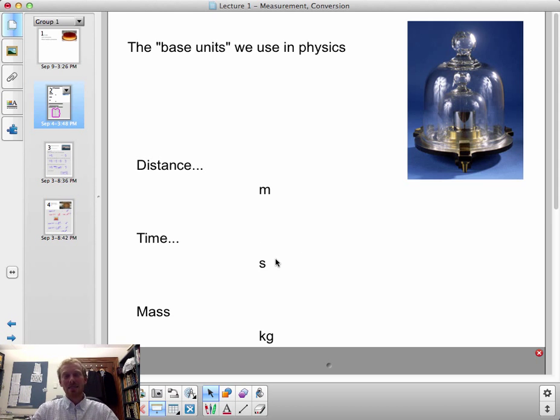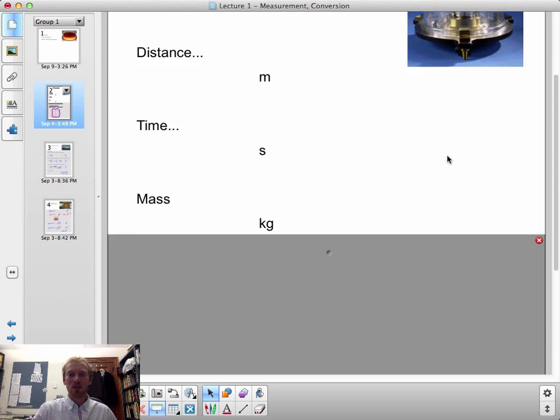A second is actually measured by the time it takes for a particular type of atom to decay. A second is defined with the statement that a cesium atom has a decay in 0.0000000 seconds. But a kilogram is not related to natural law. It's actually a kilogram mass that's sitting over there in France.